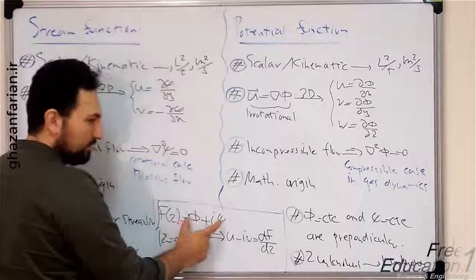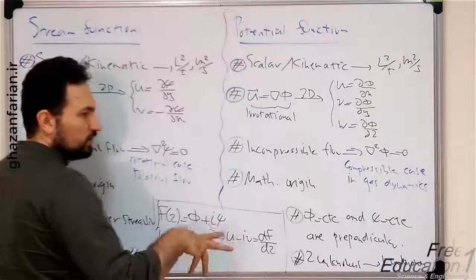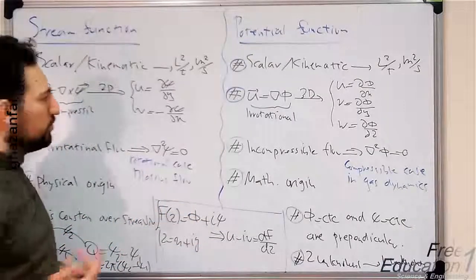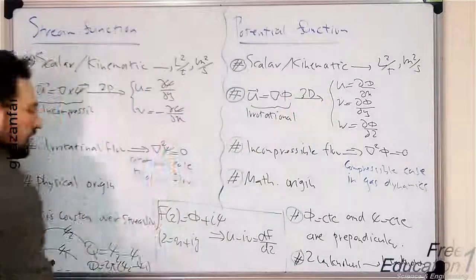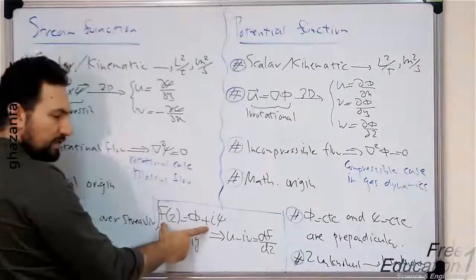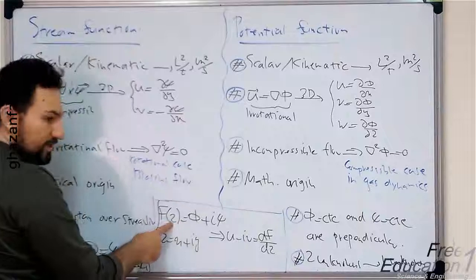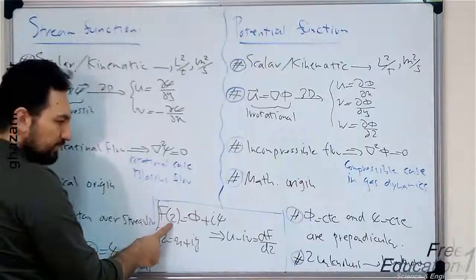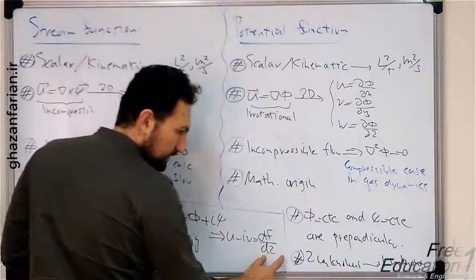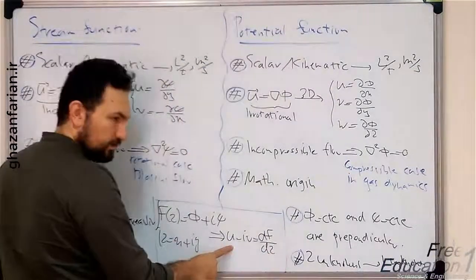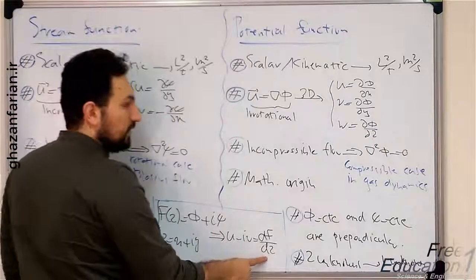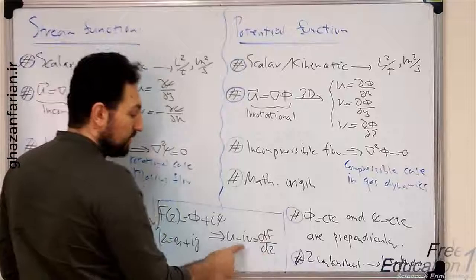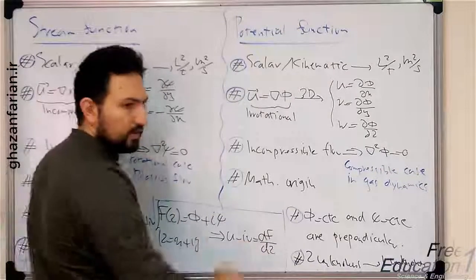So, as a complex number, if you want to compute the velocity vector using the potential or stream function, you may use these definitions, or you can construct a complex number with respect to z and take the derivative with respect to z again. The real part of this complex number is the horizontal velocity, and the imaginary part of this complex number is minus the vertical velocity.